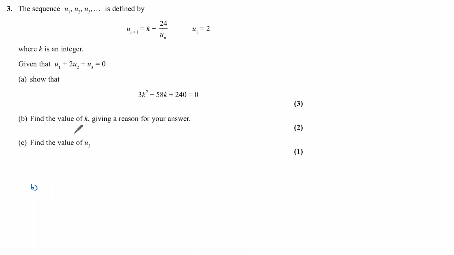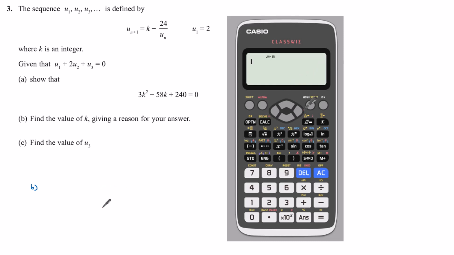Part B, I want to find the value of k, giving a reason for our answer. Well, we've got a quadratic here. We can jump straight to our calculator to solve this polynomial. Using our calculator, if we go to menu, scroll down to A, equation and function, we can solve either a simultaneous equation or a polynomial.